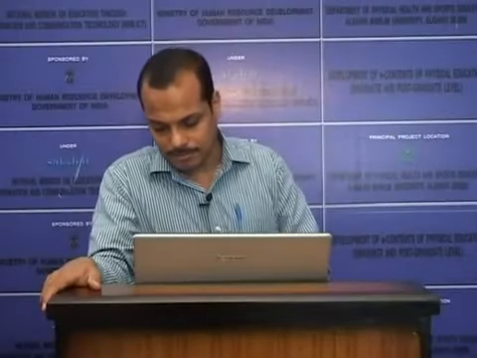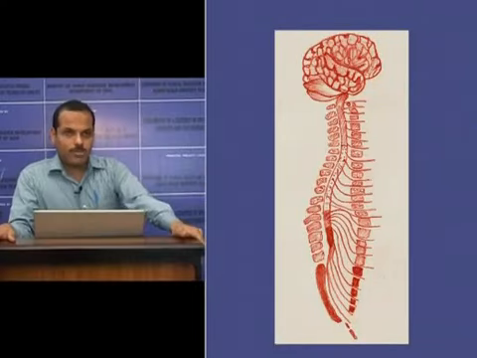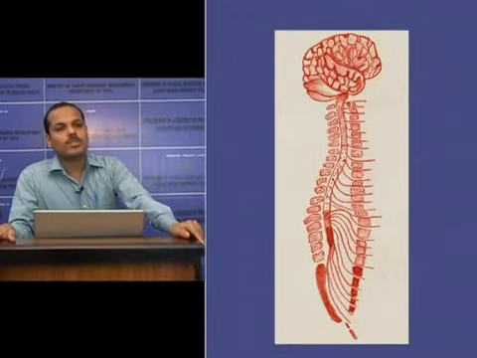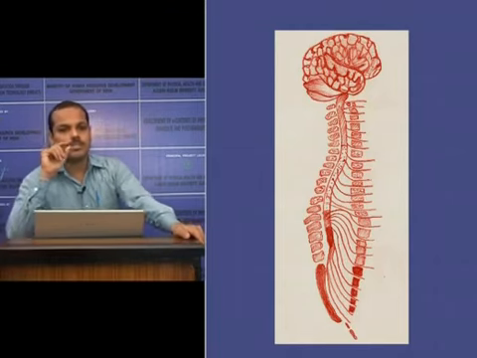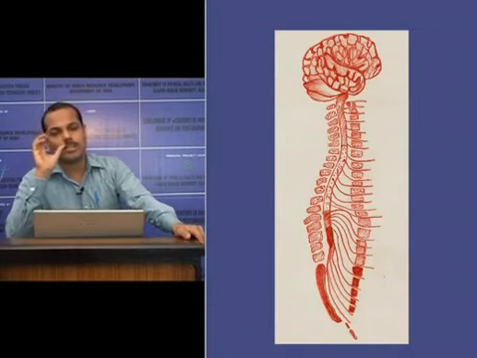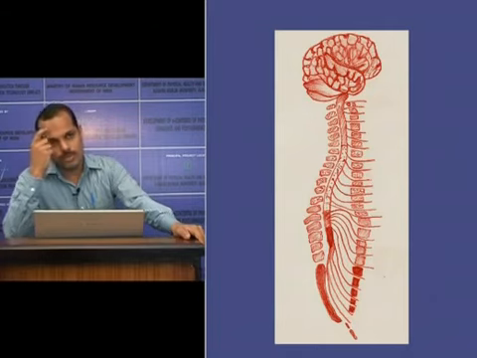In this session, we will be discussing the spinal cord. All of us know that the spinal cord lies in the vertebral canal, so the vertebral column provides protection to the spinal cord.